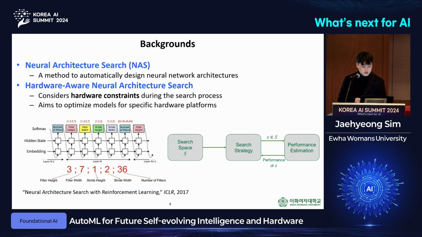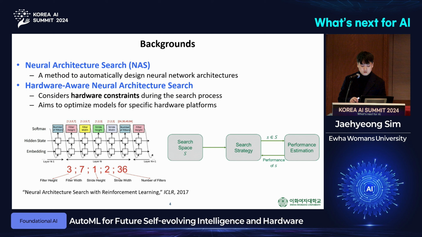As I said earlier, it's very important for neural architecture to be aware of hardware constraints. So there is another subfield of neural architecture search that considers hardware constraints during the search process.